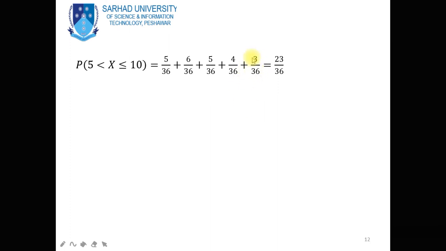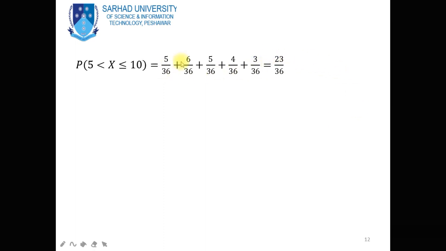And for x equal to 10, we have 3 outcomes: 5 and 5, 5 plus 5 equal to 10, and similarly 4, 6 and 6, 4. So the probability is 3 by 36.